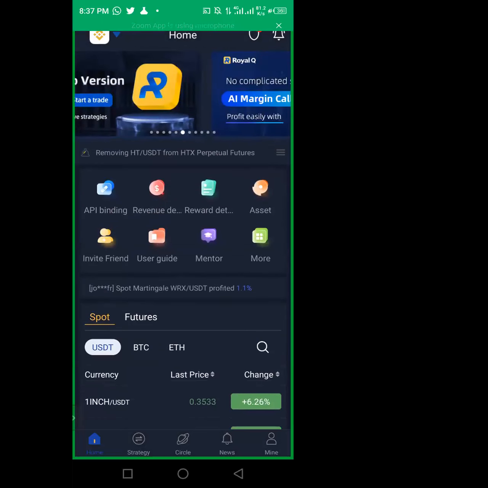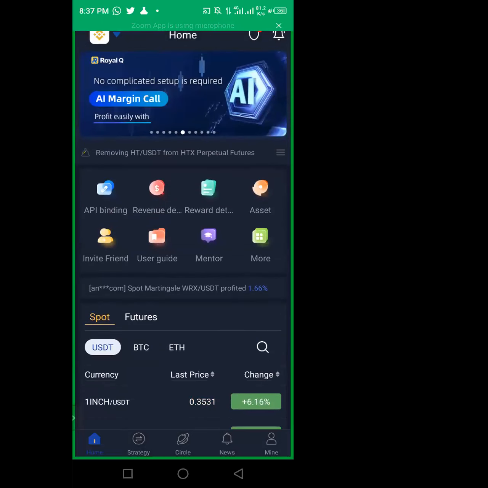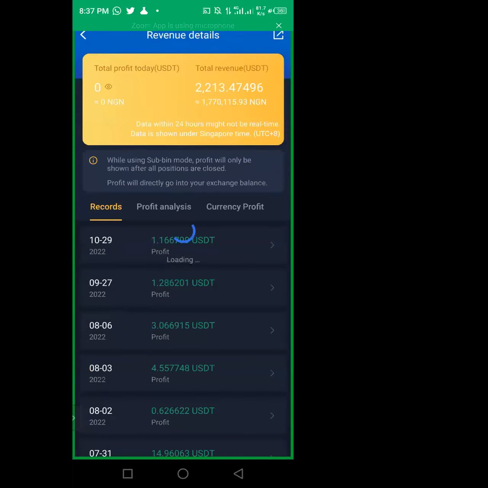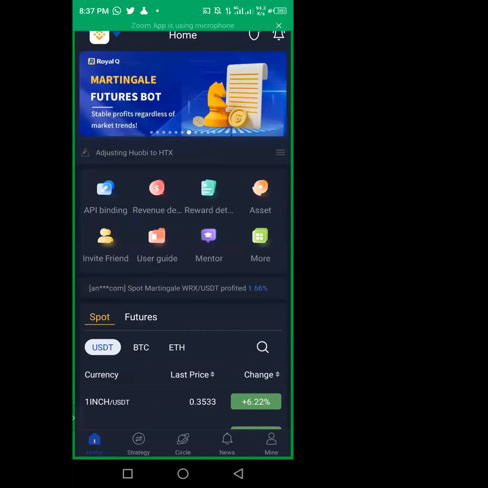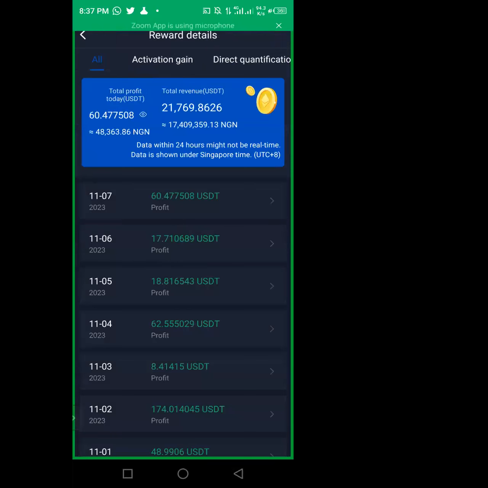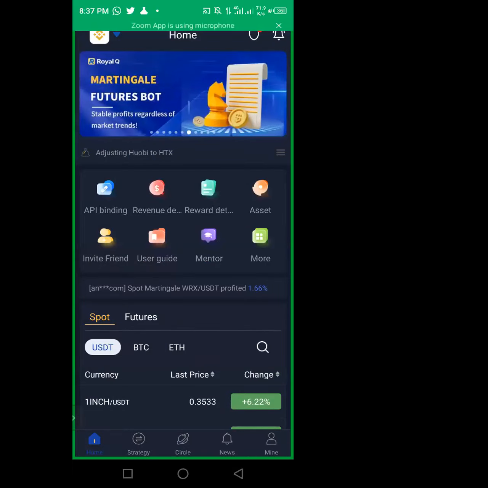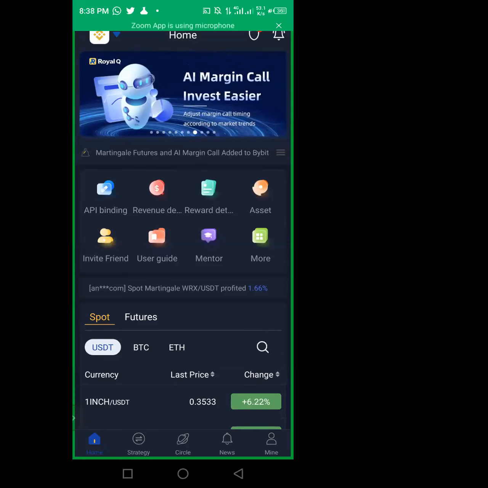We have the API binding, the revenue details. That is where we see our profits. Then we have the reward details. That is where you see your rewards. We have the assets page. Assets is where we keep our gas fees.